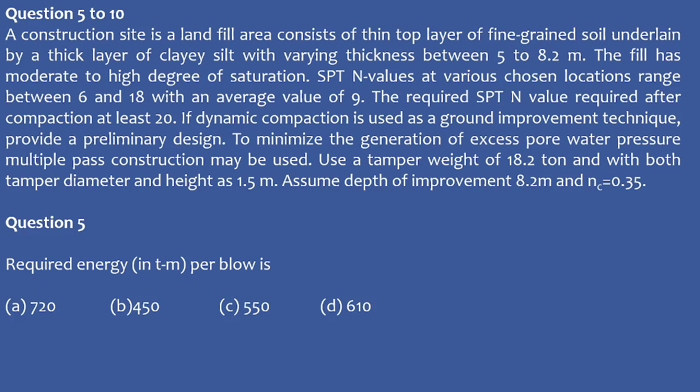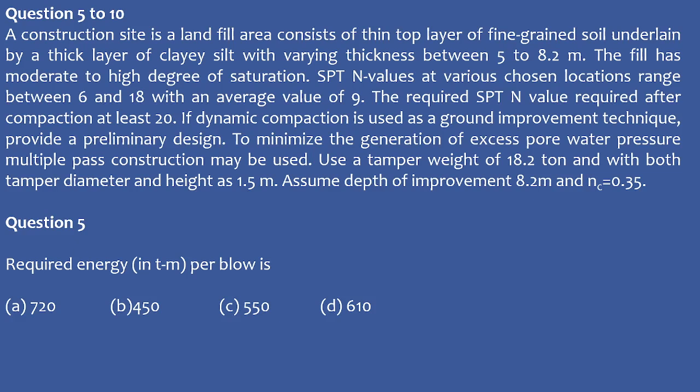The Nc, the coefficient corresponding to the type of soil, is given as 0.35. It's just a set of design parameters based on formulas you would have seen in the lectures. With the help of those empirical relations, you need to answer the set of questions from 5 to 10.